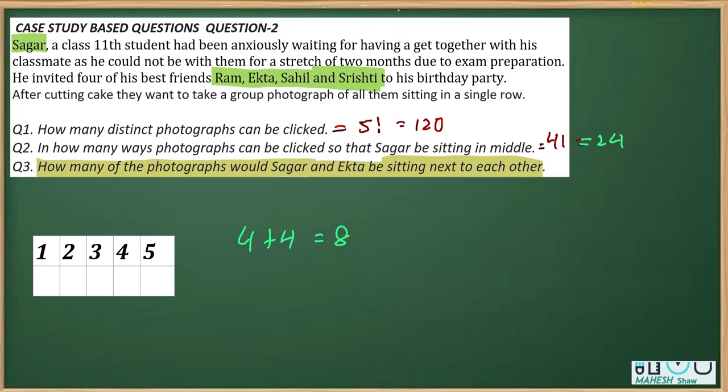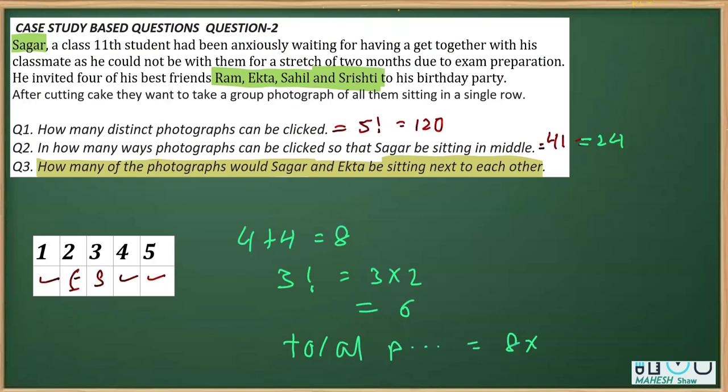But then we also have to think that after placing Ekta and Sagar next to each other, we are left with three places. And these three places can be occupied by three people in 3 factorial ways, that is 3 into 2, which is equal to 6. So the total possibilities will be 8 into 6, that is equal to 48.